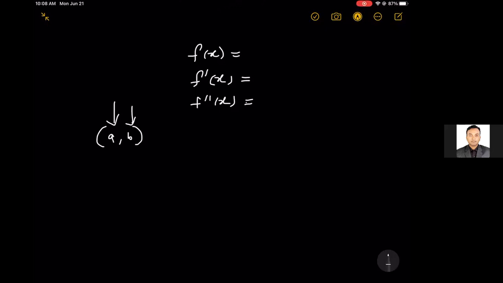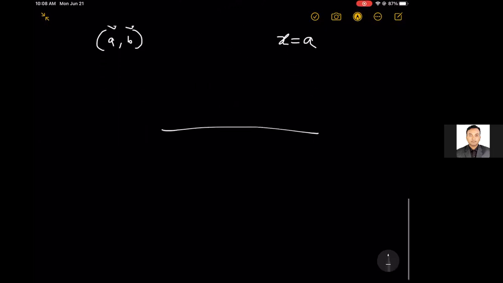So if the information is given that, hey, at x equals, let's say, a, you have a vertical asymptote, that means if you have a graph, obviously at a, you can imagine a line like this, right? But if the function is given, then you actually need to calculate whether we have an asymptote or not.